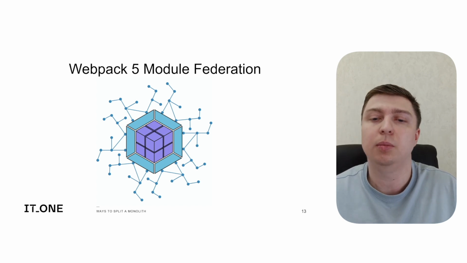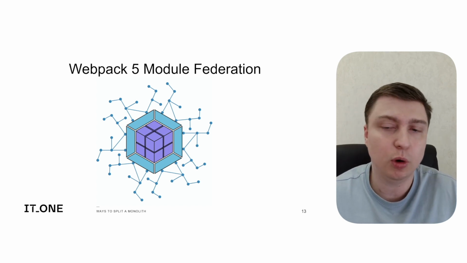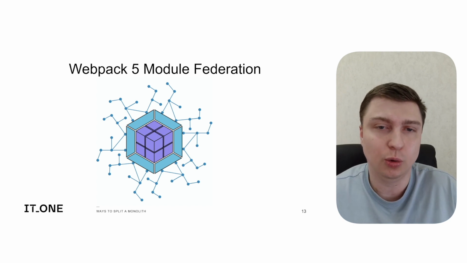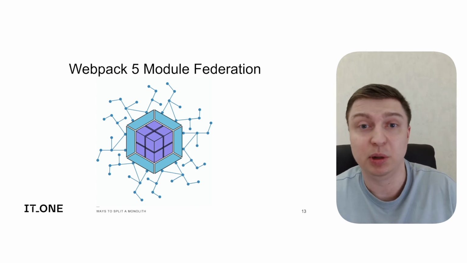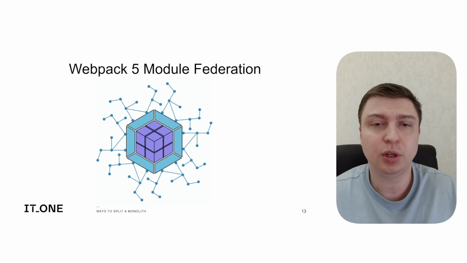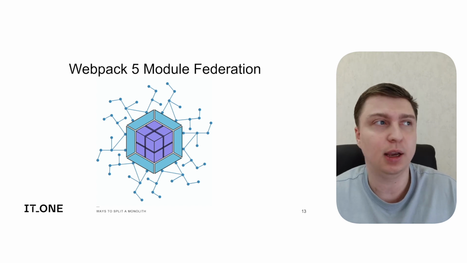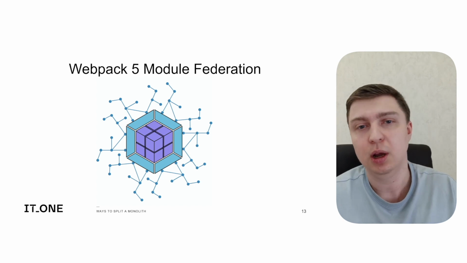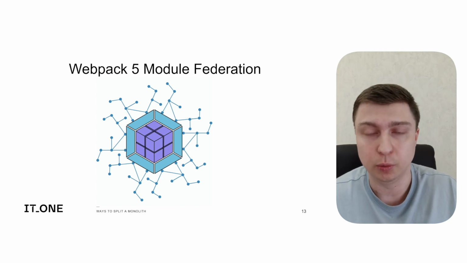Also, you can cache libraries using module federation, so you don't need to load React or Angular multiple times. And each application has its own entry point in which we say what it exports. It's like a realization of a public API. It's a really good pattern in front-end architecture too.